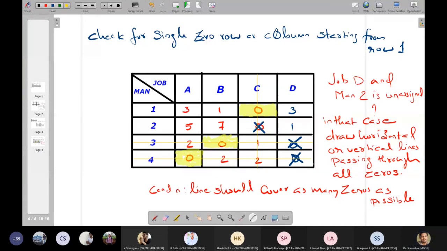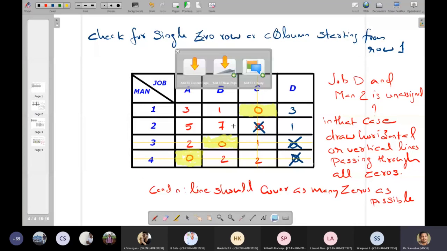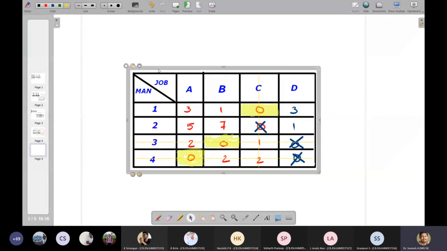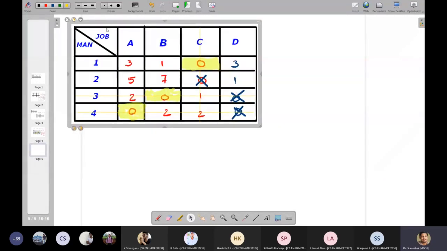Now what I have to do is, see the lowest figure.